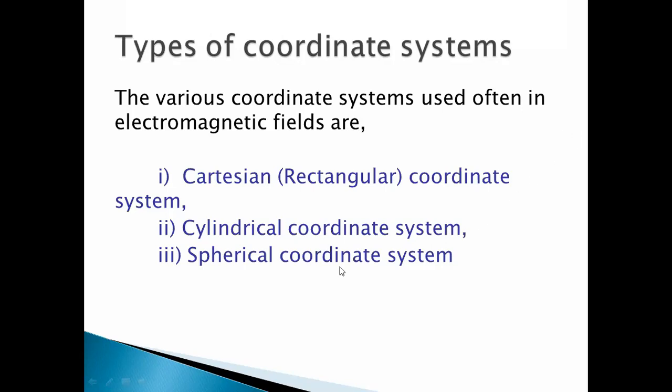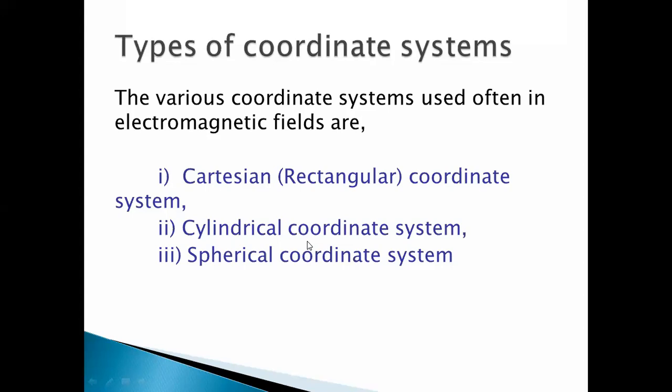Cylindrical means here you have to imagine one cylinder, and accordingly how the coordinates change, what the directions are, and how we can consider them, we'll see in that point.